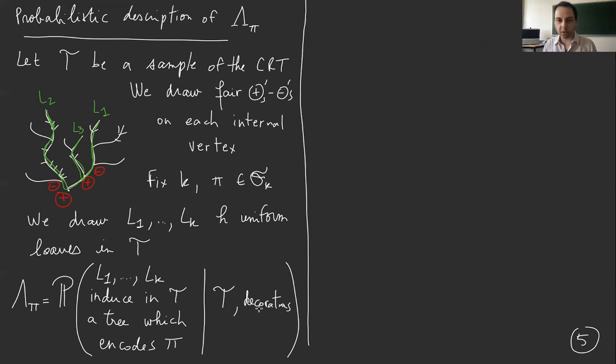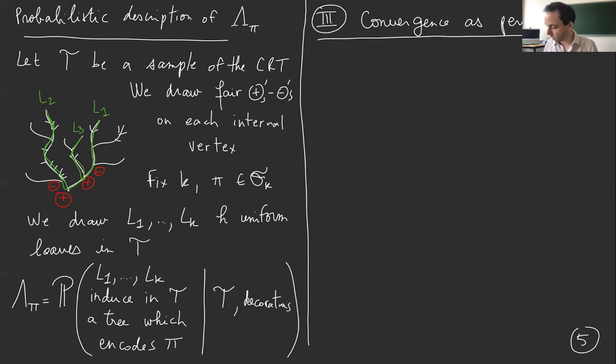All right. So at this point, we realized that we needed a higher level description of the convergence to get a deeper understanding of the behavior of separable permutations. So this is what we should call the convergence as permutons. Okay.